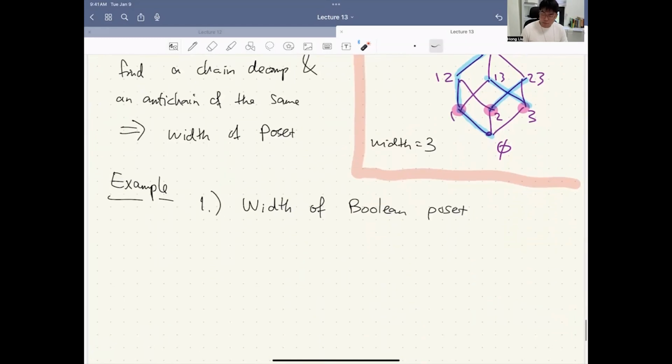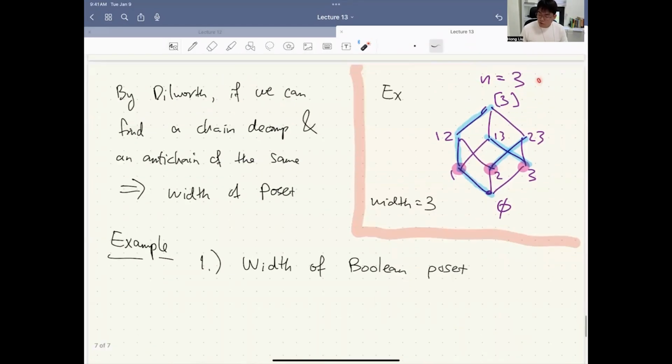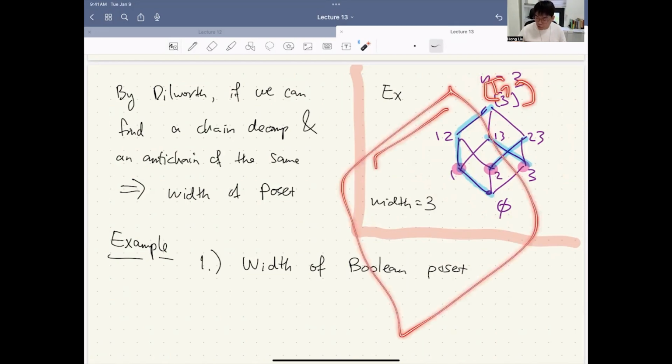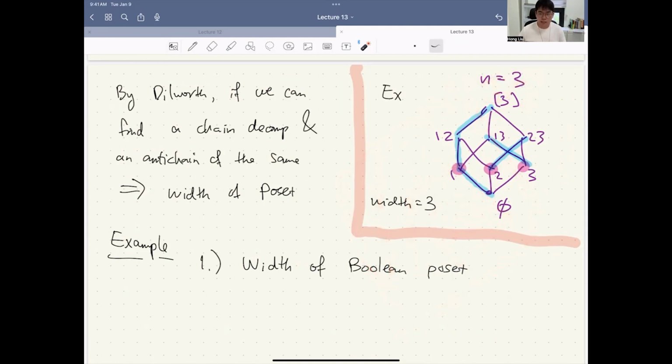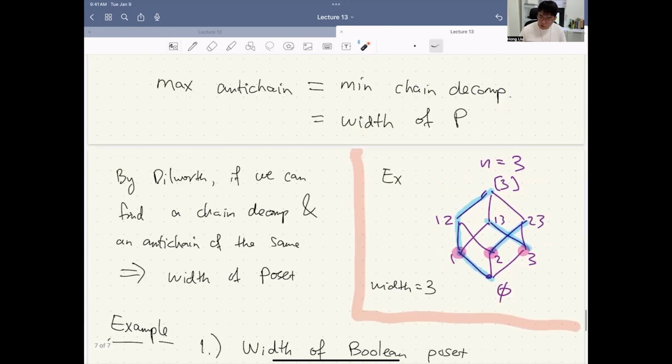So here, even though for n equal to 3 it's easy to find a chain decomposition, when n gets larger and larger, it's very difficult. At least it's not obvious at first glance. When you have a huge n, what will be a chain decomposition? You need to partition it into chains. Not obvious at first glance. But we don't need to do that. To find the minimum chain decomposition of a general Boolean poset for any n, it's enough to look at its largest anti-chain.